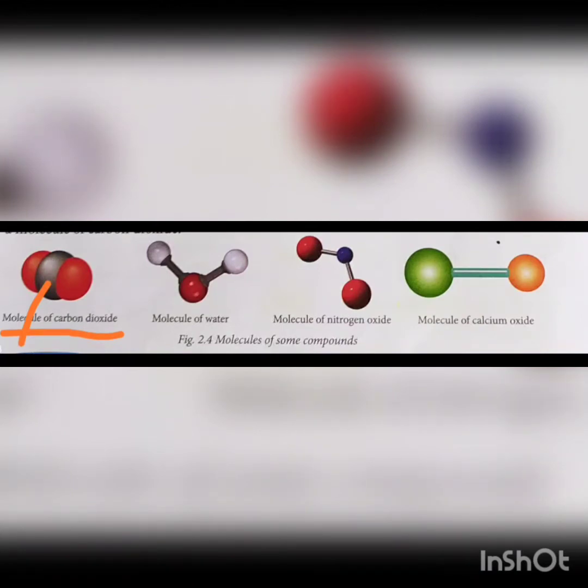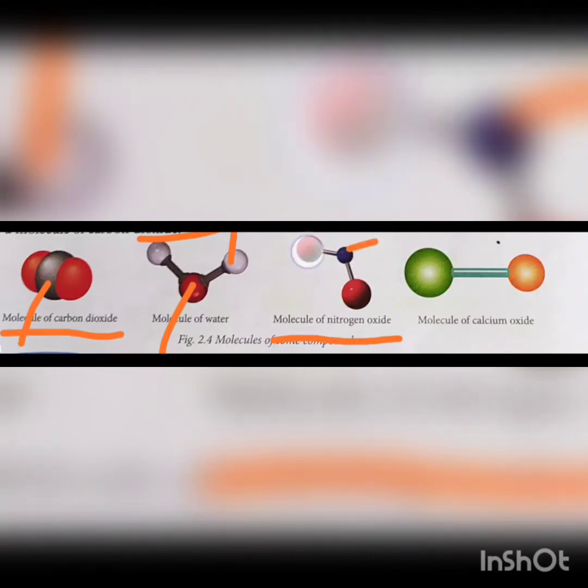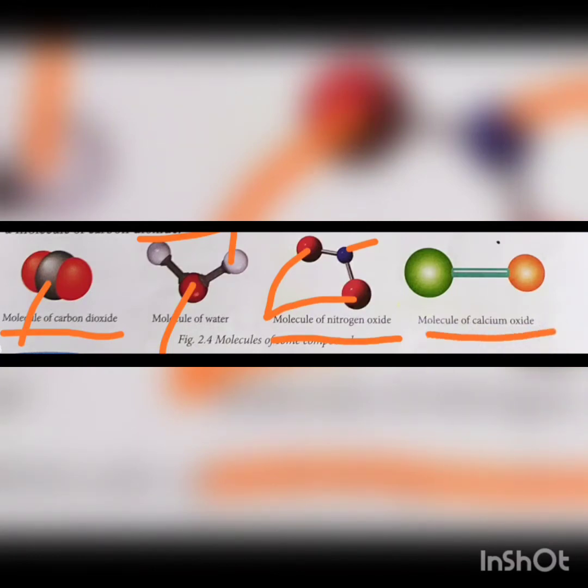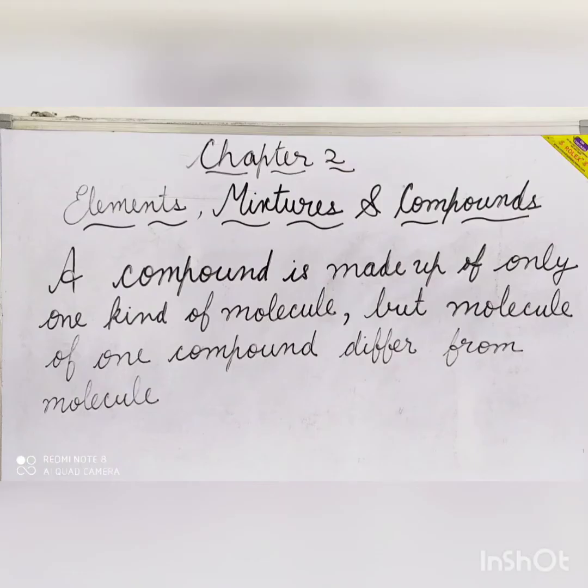A molecule of water contains one atom of oxygen and two atoms of hydrogen. The molecule of nitrogen dioxide contains one atom of nitrogen and two atoms of oxygen. The molecule of calcium oxide contains one atom of calcium and one atom of oxygen.